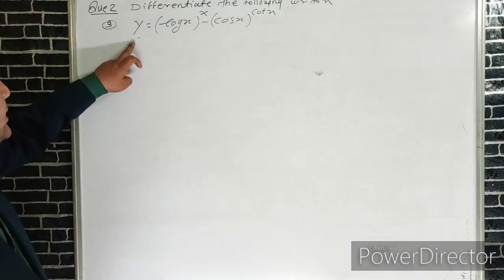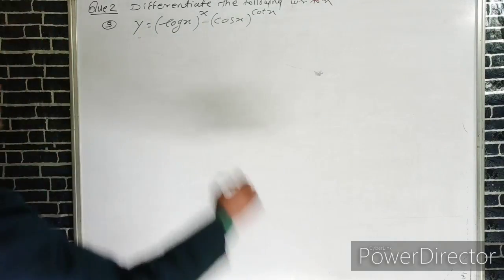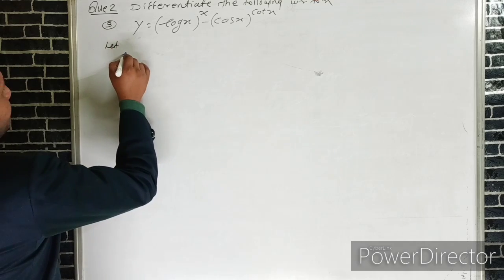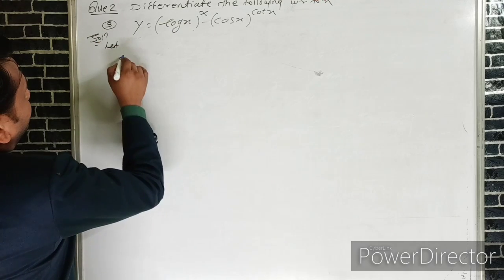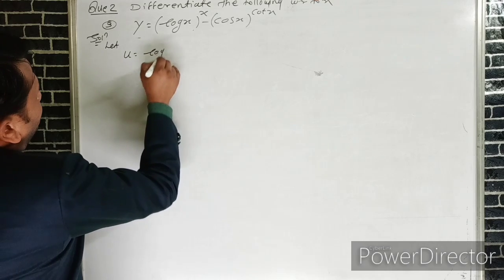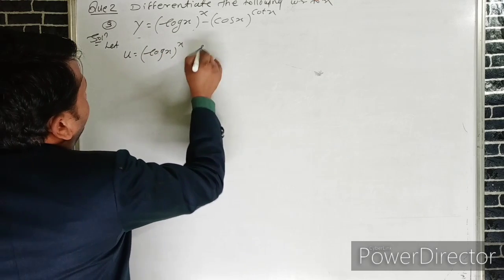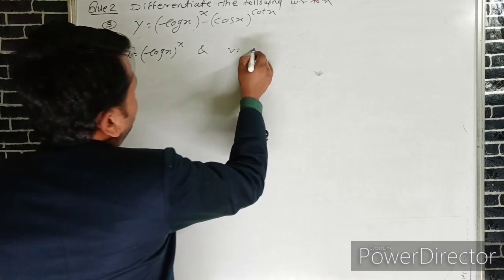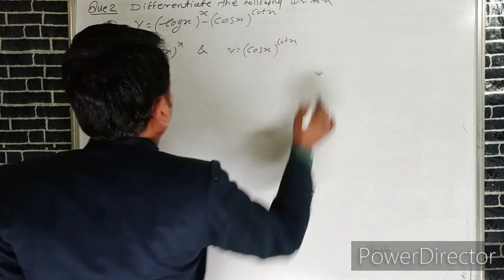Next one, which is y equals (log x)^x minus (cos x)^(cot x). First we consider the functions again: u equals (log x) whole raised to the power x, and v equals (cos x) whole raised to the power cot x.